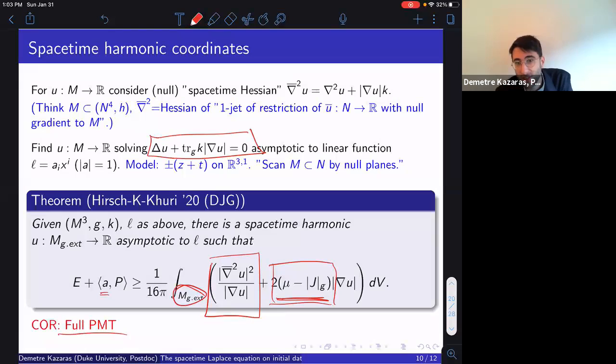So if you apply this formula to the space-time harmonic function u, which approaches minus p over norm p at infinity, then you recover the positive mass theorem. Let me also say that this theorem and the Riemannian theorem work even without the dominant energy condition being satisfied.